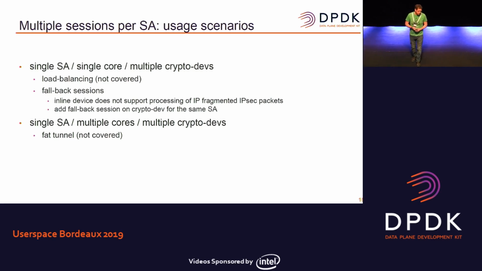Also, for the fat tunnel use case, we think this will be very useful. If you have a number of worker cores doing processing of the same SA, you need a session per device potentially, and that will allow that scaling.